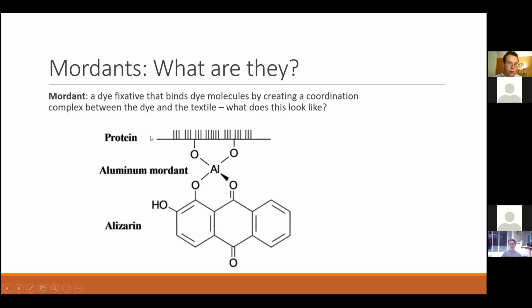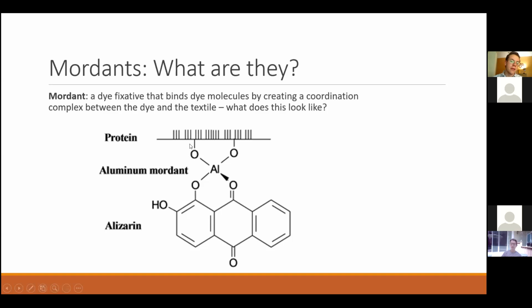So in reference to the last slide, imagine that this is like the wool molecule, but it's just lines. And this is a dye molecule. Well, it is a dye molecule, don't imagine that part. And this is an aluminum mordant. So a mordant is basically a linker between the textile and the dye molecule.